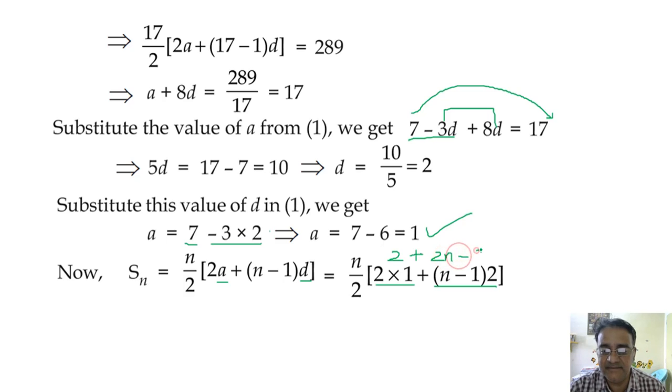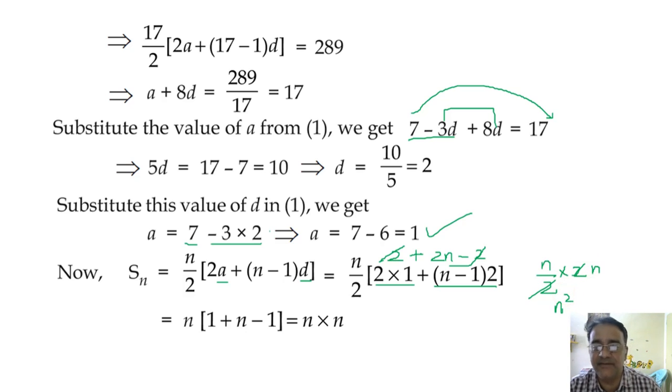Is anything cancelling? कुछ कैंसिल हो रहा है? 2 राइट, 2 और 2 कैंसिल होगा, ठीक है. अदरवाइज चलो मैं यहाँ पे कैंसिल कर रहा हूँ, ये जो है मैं उसको एक्सप्लेन करूँगा. So n by 2 कैंसिल होने के बाद क्या बचेगा? Only 2n will be left. So this 2 cancels and we are getting n square.